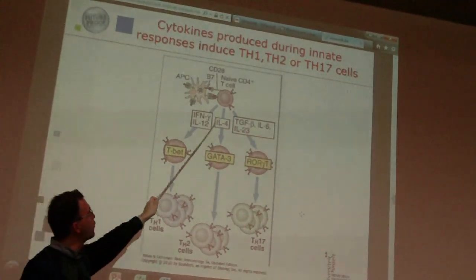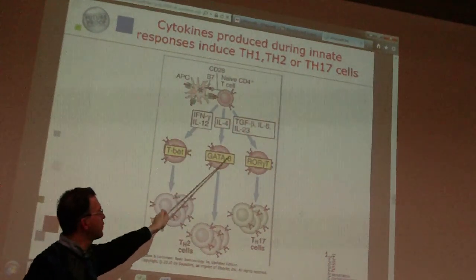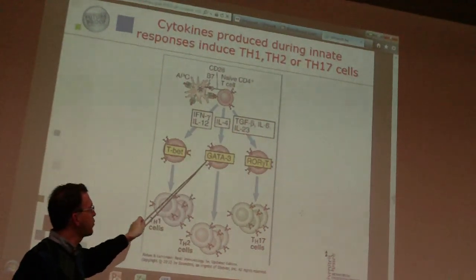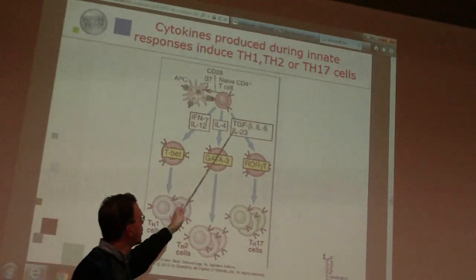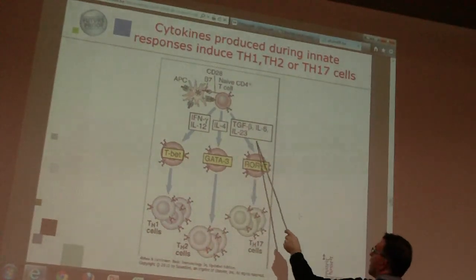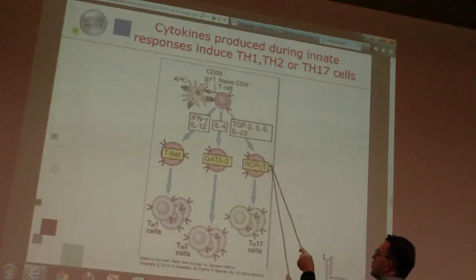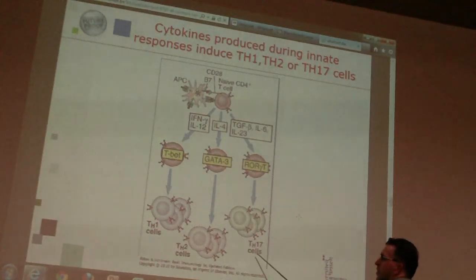If you have a lot of IL-4 when your naive T cell is activated, you get upregulation of another transcription factor, that's GATA-3, and you get the formation of Th2 cells. And then for IL-17 cells, TGF-beta, IL-6, and IL-23 are really important. You get upregulation of ROR gamma-t and the formation of Th17 cells.